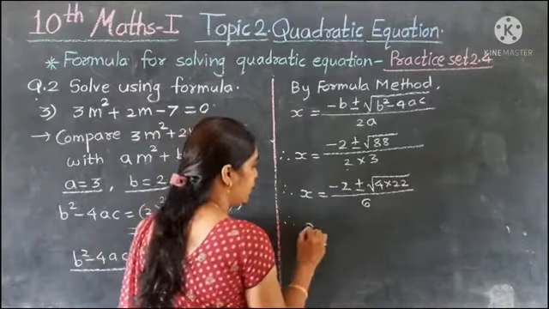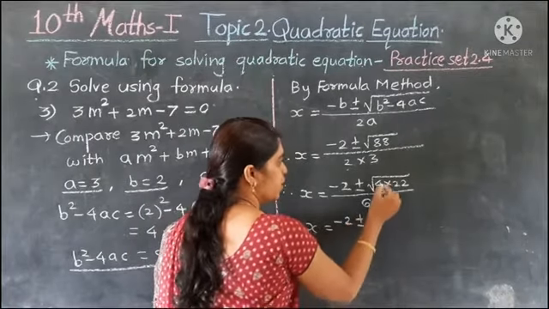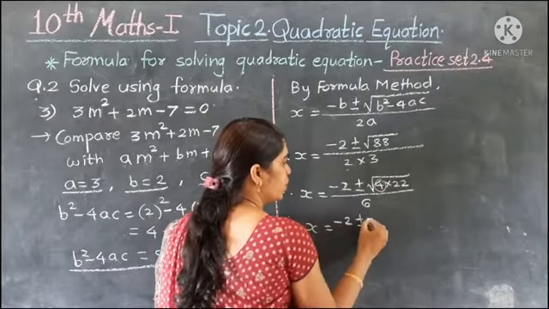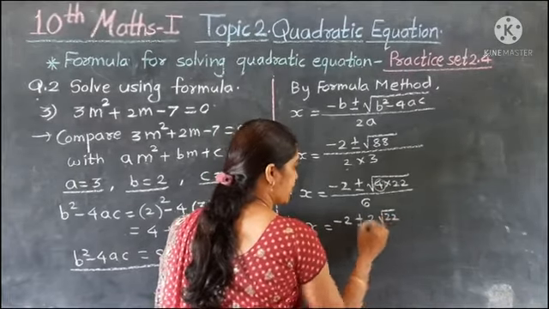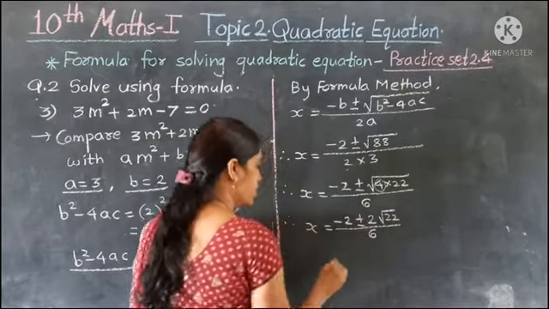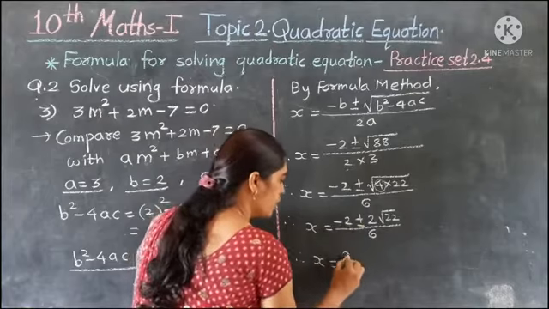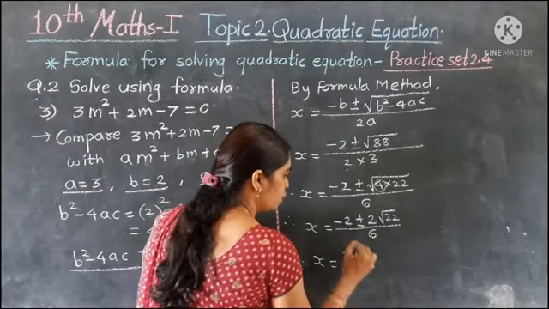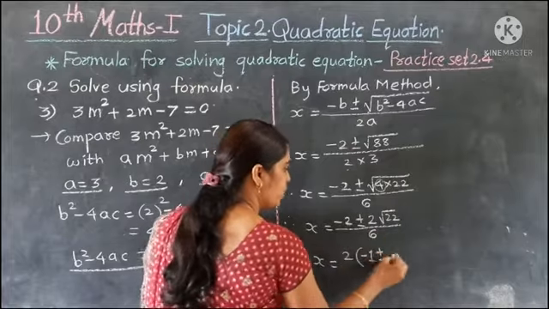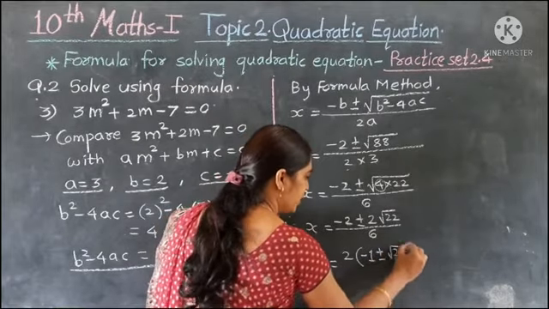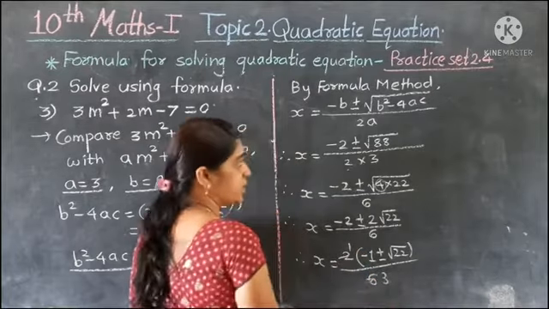So you write here x is equal to minus 2 plus or minus. What is the square root of 4? The square root of 4 is 2, and root 22 as it is, upon 6. So you write x is equal to, here see 2 is common, so write 2 common. So what remains here? Minus 1 plus or minus root 22 upon 6. 2 1s are 2, 2 3s are 6.